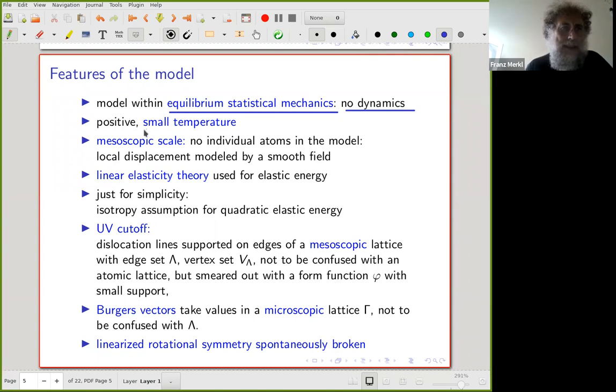We look at it at small temperature, but not at temperature zero, so there are thermal fluctuations. We look at it at positive but small temperature. And as I mentioned before, it's a model intended to describe a mesoscopic scale. So there are no individual atoms modeled in this description, but the local displacement is modeled by a smooth field.